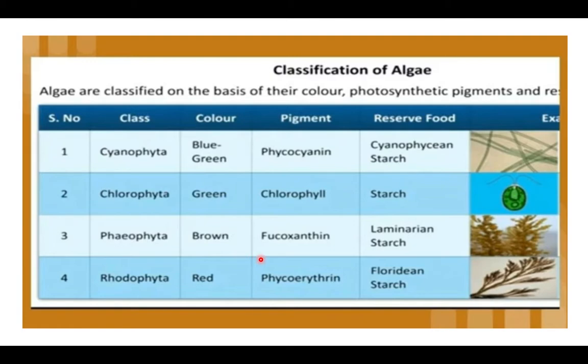So these are the classification of algae based on the pigment present in it. Based on the pigment only, the color of the algae varies. Some kinds of algae are red in color, some are brown, some are blue-green, or some are perfectly greenish. These are all different in color based on the presence of pigment in it.